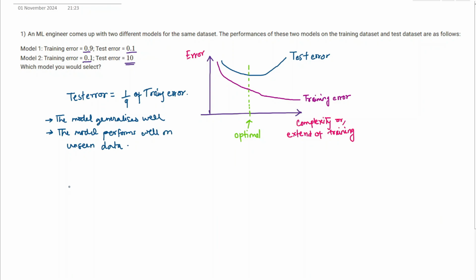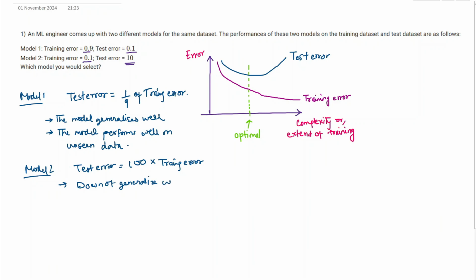But what about the second one? This is model 1, and in model 2 the test error is 100 times the training error. This means the model does not generalize well, because when it looks at unseen data, it performs poorly.